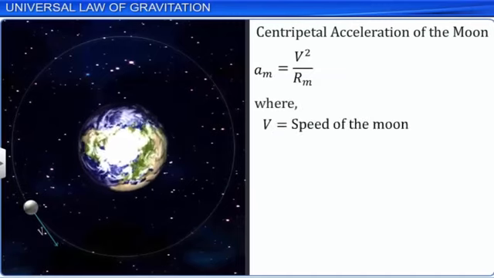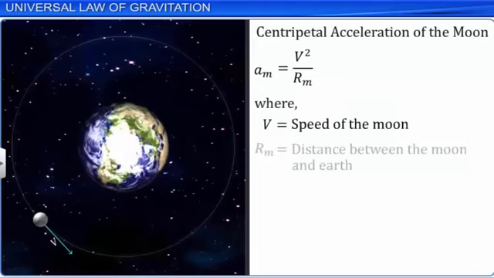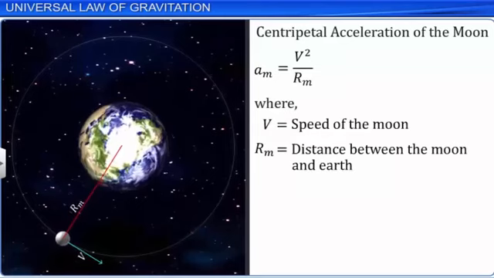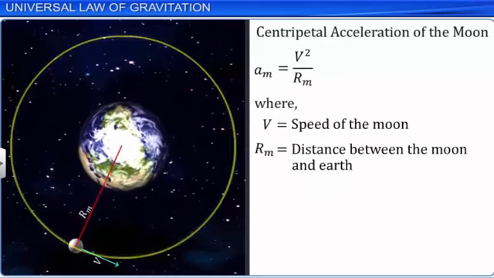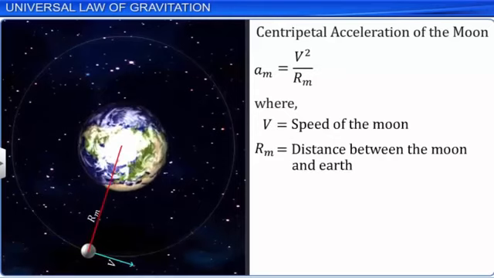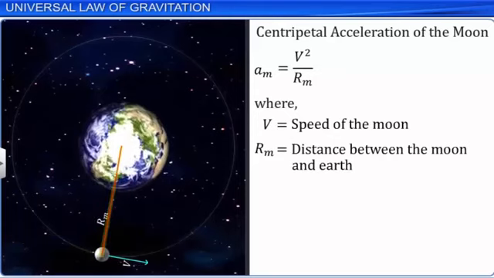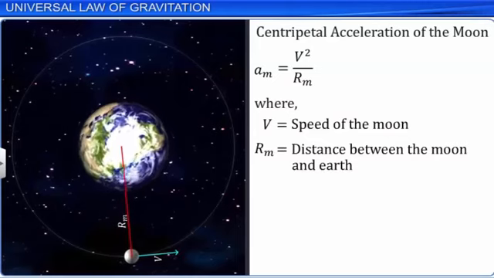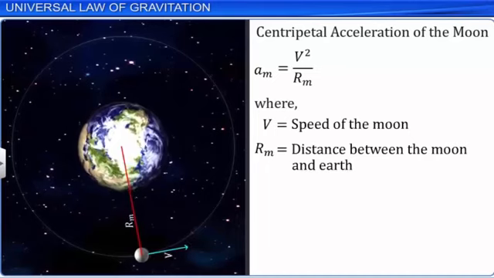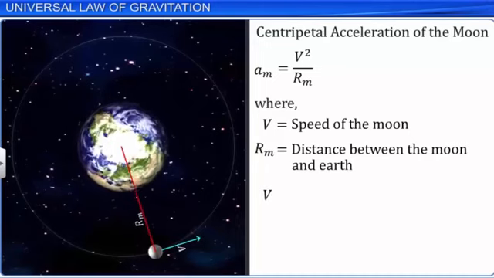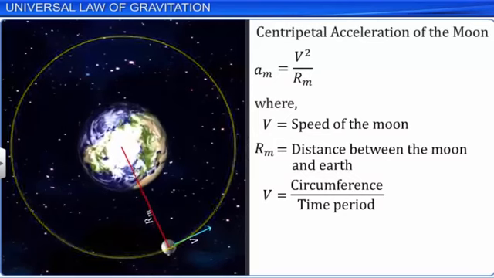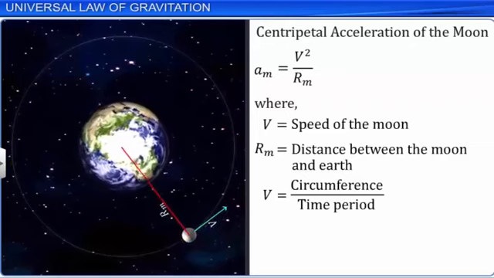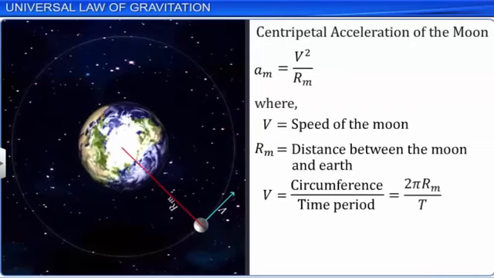The velocity of the Moon in its orbit is derived from the fact that the Moon's orbit is circular of radius r_m and its revolution period is T. Thus, the orbital velocity of the Moon is equal to the circumference of the orbit divided by its time period, which is equal to 2 pi r_m divided by T. The expression on simplification gives us a_m equal to 4 pi square r_m by T square.